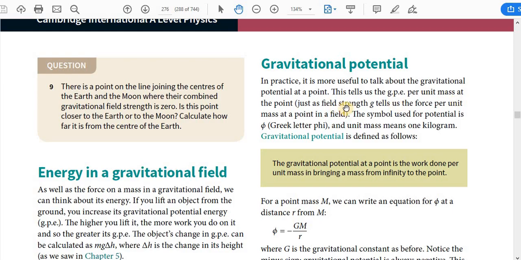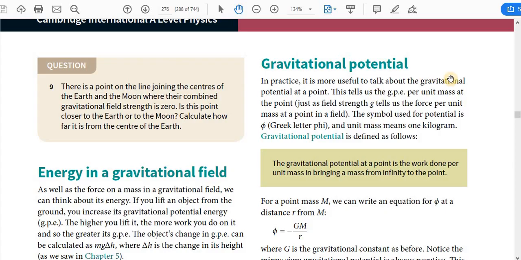Just as gravitational field strength g tells us the force per unit mass at a point in a field, so g is equal to F over m.